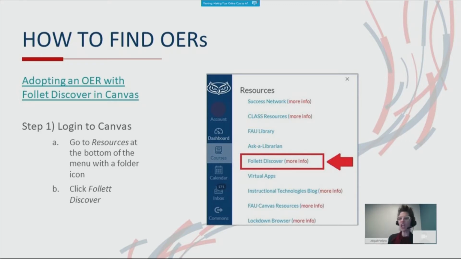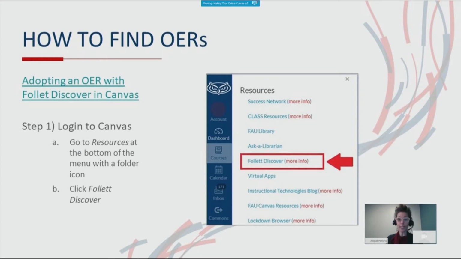It aligns with your course very well. That's your book that you want to use. That's called adopting, where you take it and you use it as is. If you adapt, you make changes, alter, remix. That's a little different. We can talk more about that later. But for right now, I'm showing an easy avenue to put an OER in your Canvas course through adopting it.